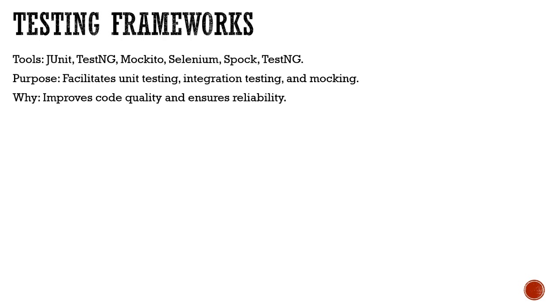Now when it comes specifically to unit testing, we have certain tools like the JUnit framework, TestNG, Mockito for mocking certain data layers or other layers in order to test it, and Selenium, which is used for automated testing. Now we have Spock, right.